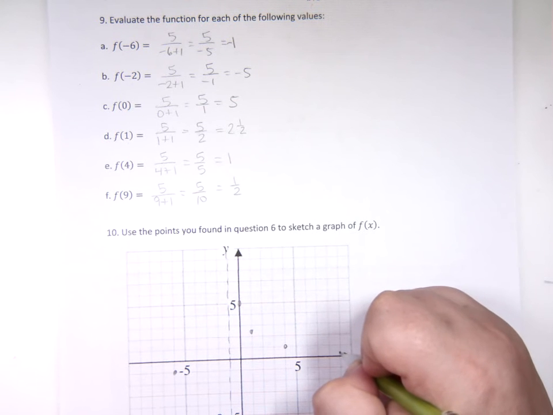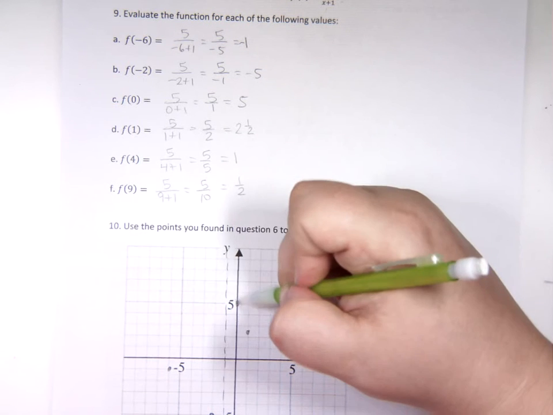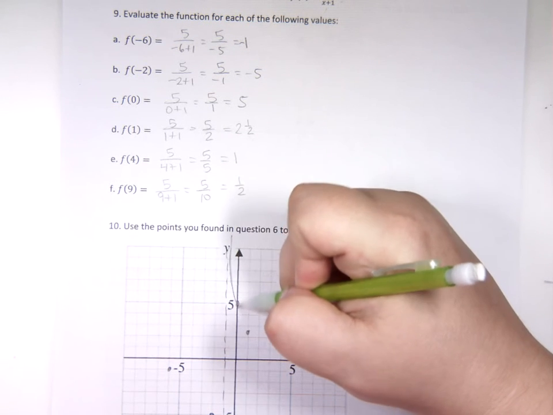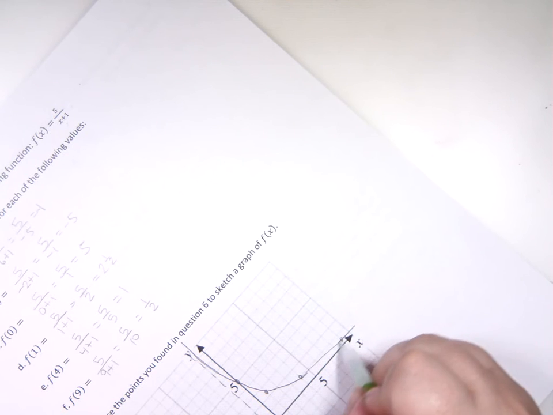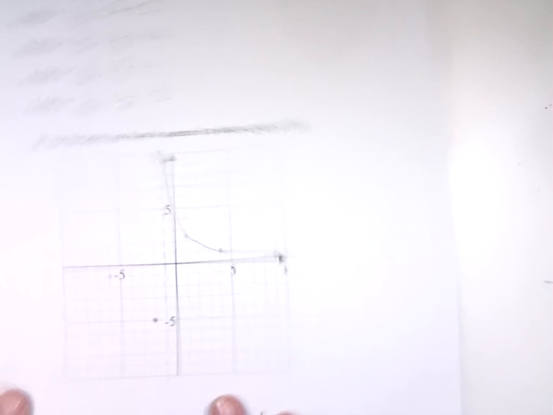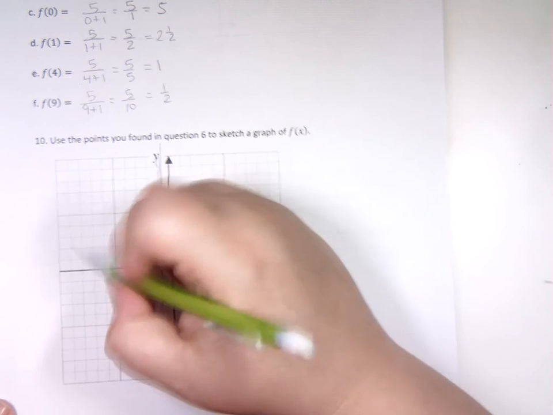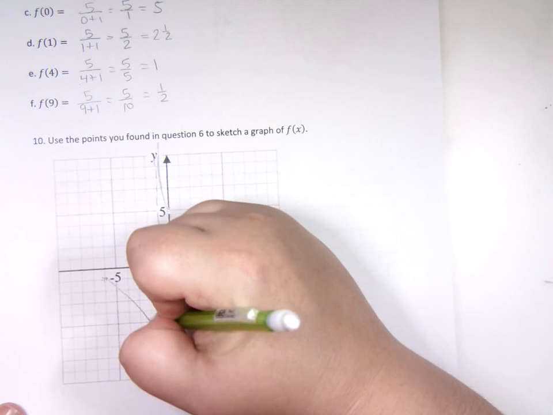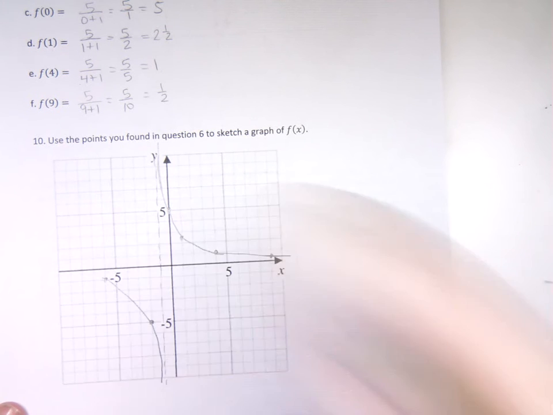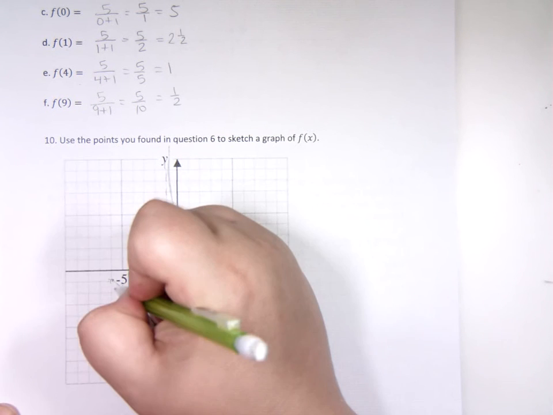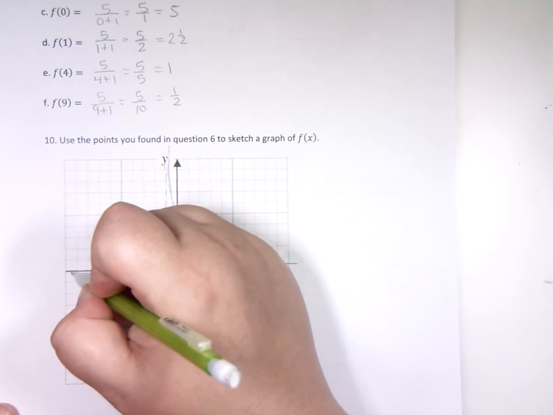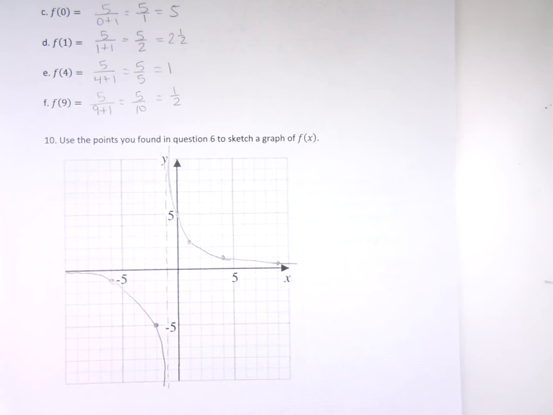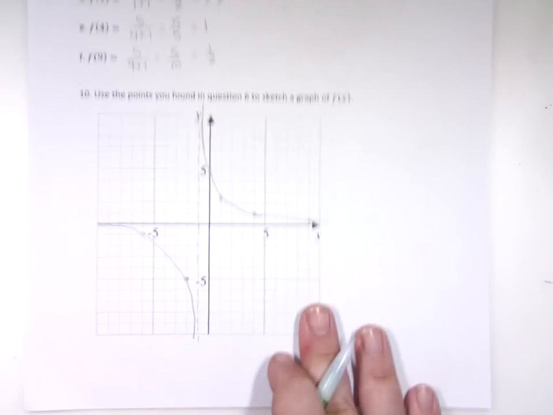So this is going to stretch up like this towards infinity, and this is going to stretch down towards the x-axis. And it's going to be symmetric on this side, so we can kind of just draw that in. So this is going to stretch down towards the asymptote, and this is going to stretch up towards the x-axis. So there's our graph of f of x.